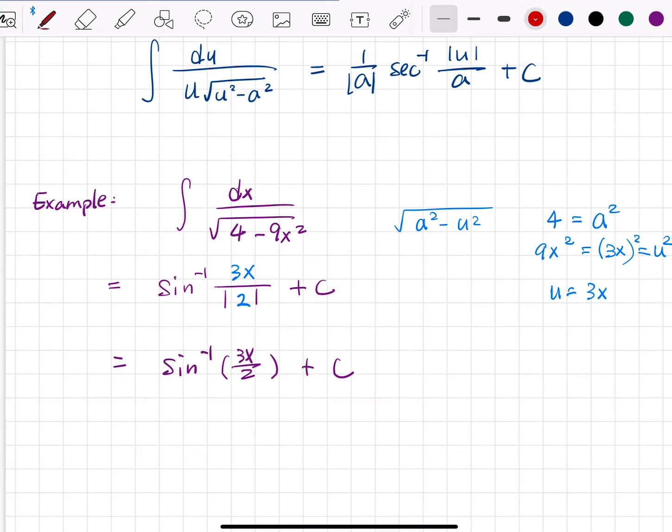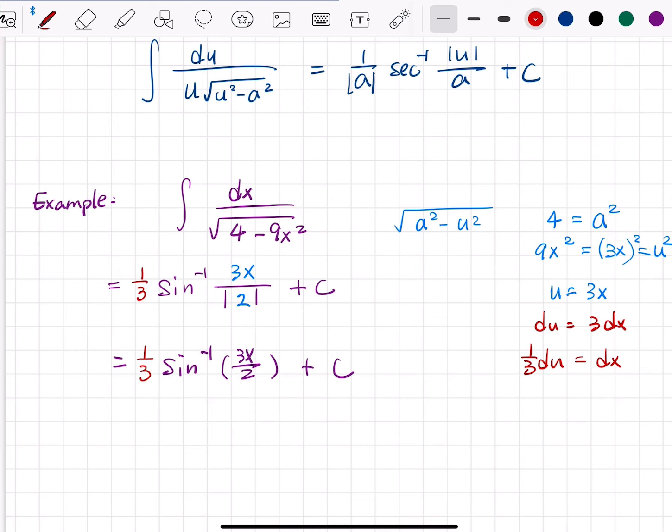However, there is one thing I didn't solve at the beginning, which is because u is 3x, so du is equal to 3dx. Then dx is equal to 1/3 du. So there is actually a 1/3 in the front.